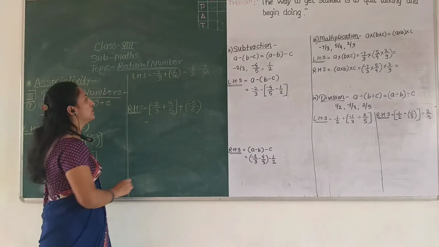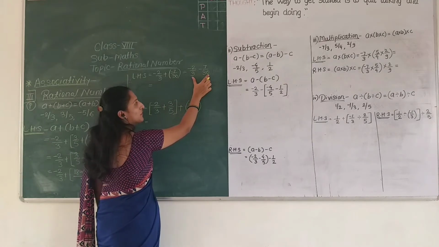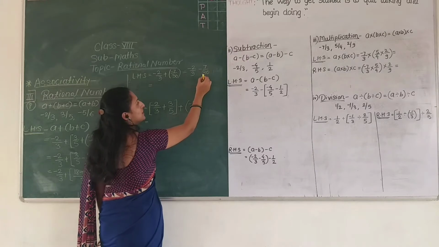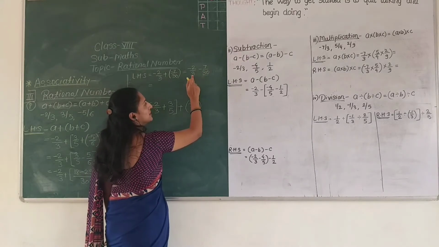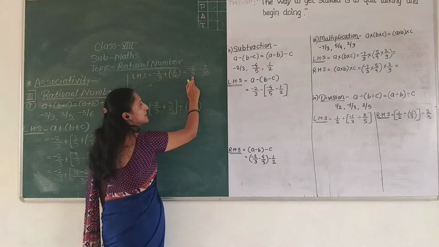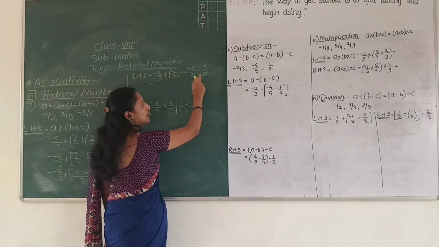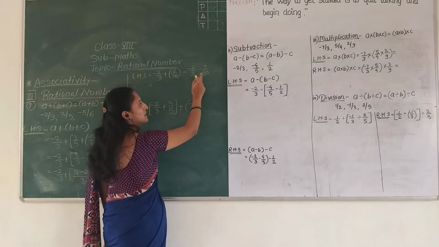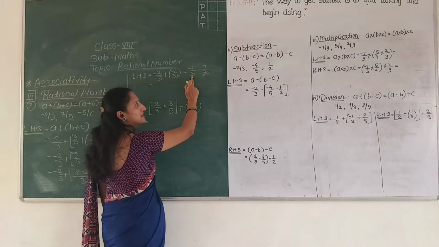Okay. Now again we have to subtract these two fractions and the denominators are different. But look at here. Here the denominator of the second fraction is 30 and of the first fraction is 3. So it is easy to equalize the denominator by LCM. Now the LCM of 3 and 30 is 30. Right. So we have to multiply the first fraction by 10.